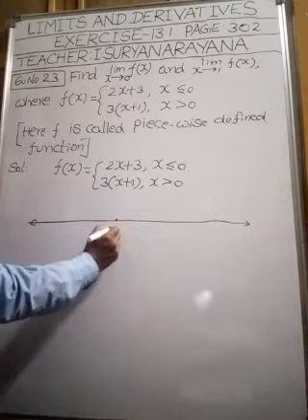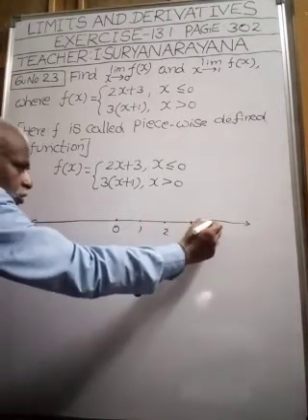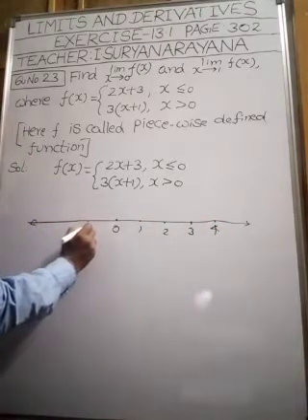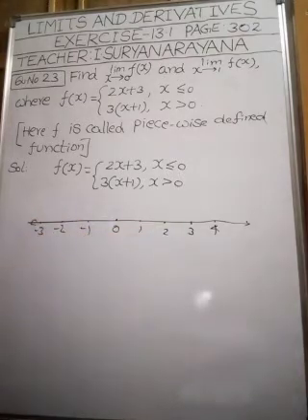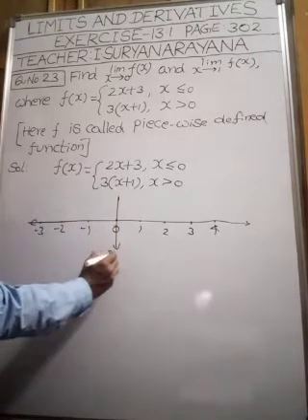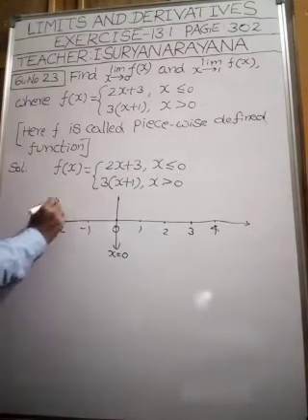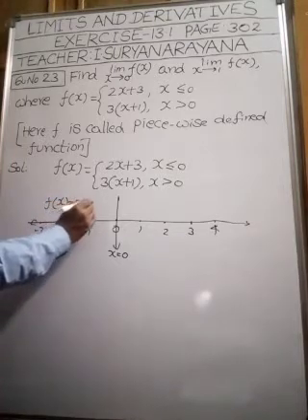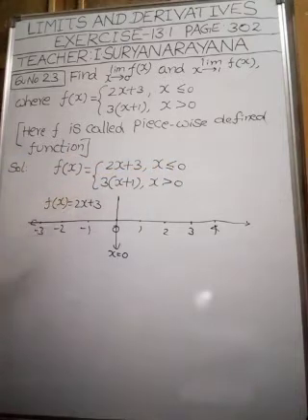See here, at 0, 1, 2, okay, this is the number line. At x is equal to 0, at this point the left side is defined as f of x is equal to 2x plus 3, left side, isn't it, my children?